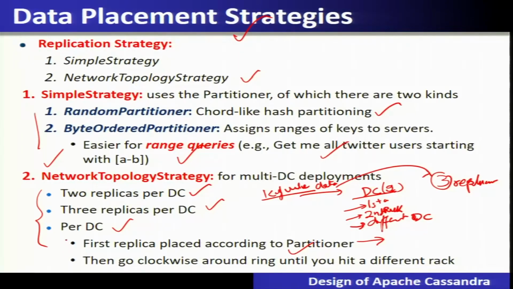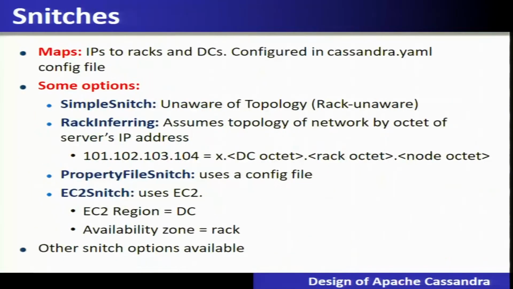Per data center, the first replica will be placed according to the partitioner, as we have seen, and then you go clockwise around the ring until you hit a different rack. So that will be in the same data center but on a different rack. If a rack is not working, you can still access the data. If the entire data center is down, you can continue accessing the data because it is available in the other. So this is called network topology strategy, and it is quite different from the simple strategy.